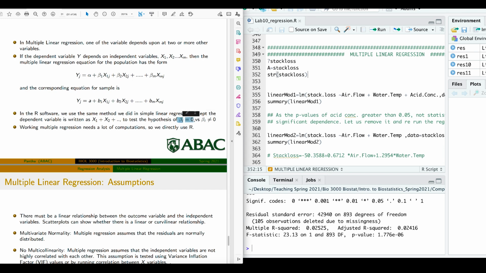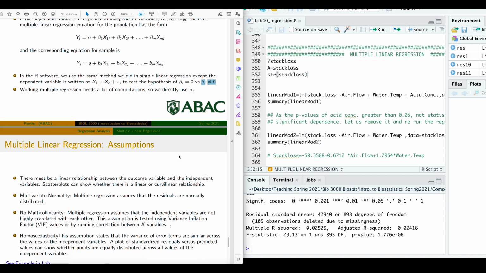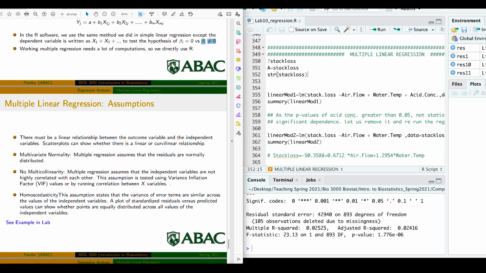That means the relation between y and x1 is beta 1, which is the regression coefficient, y and x2 is beta 2, and so on. And beta i not equal to 0 is the alternative hypothesis. Working with multiple regression needs a lot of computation, so we directly use R only. I'm not going to show you how to do it manually.